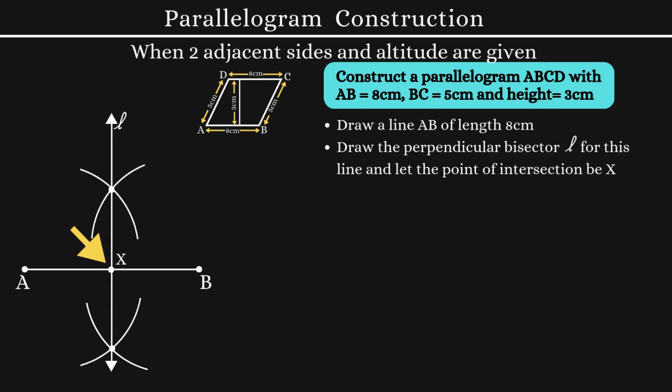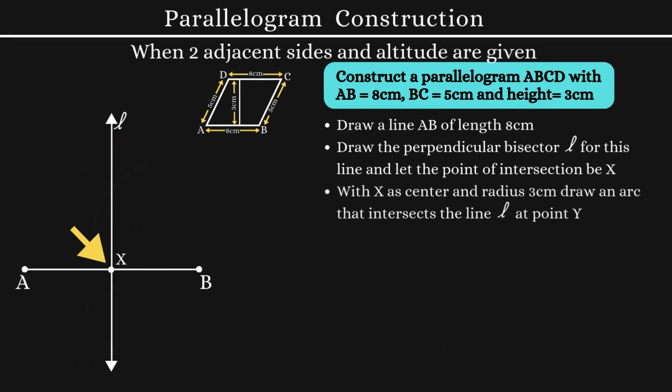Next step, we know that the height is 3 cm. So with X as the center and a radius of 3 cm, draw an arc which intersects the perpendicular bisector at a point Y. Now listen carefully.